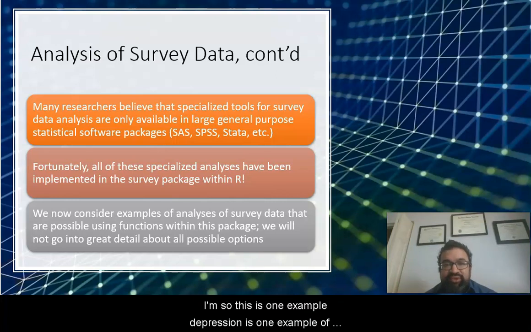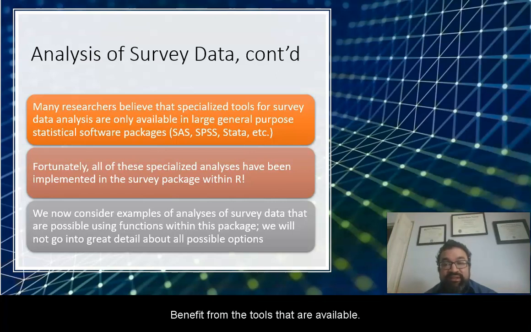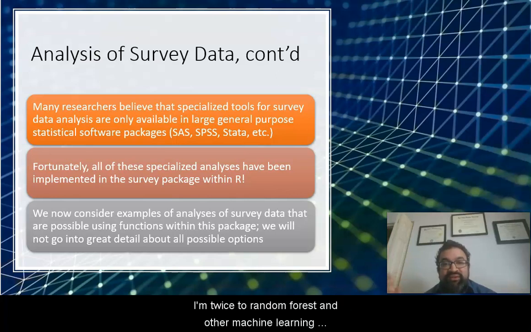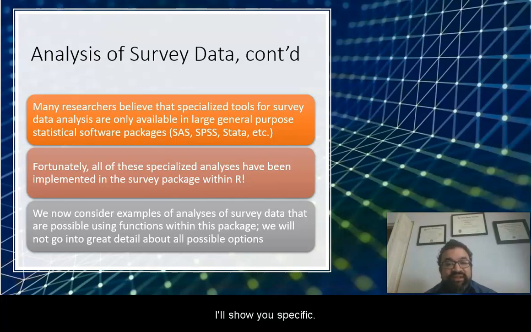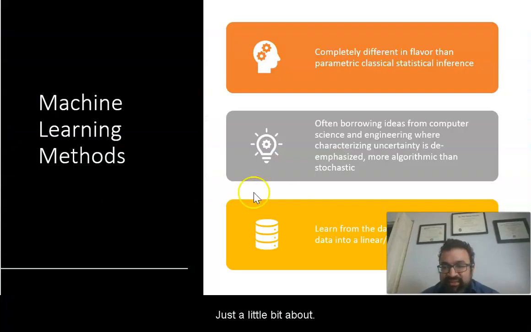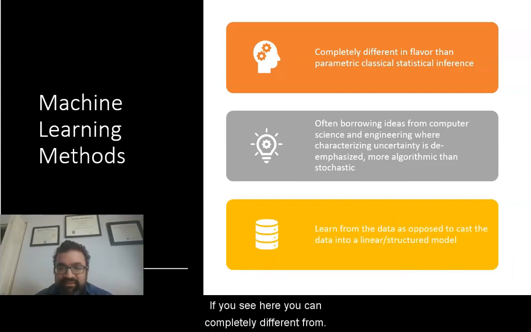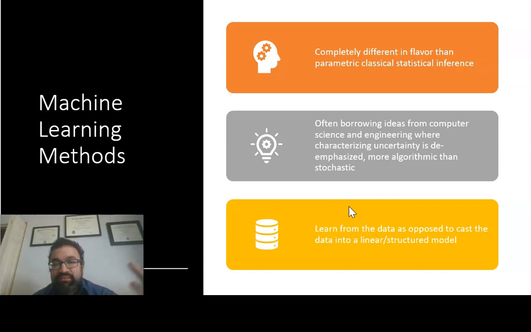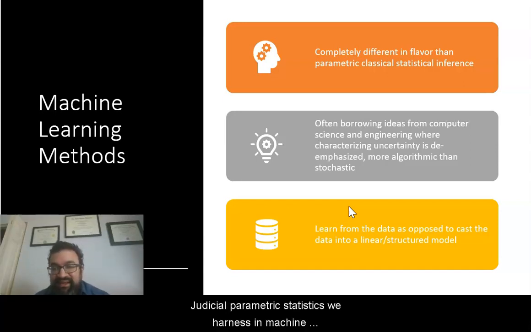So this is one example. Depression is one example of an area that can really benefit from the tools that are available to us through random forest and other machine learning techniques. Especially, I'll show you specific measures that are needed. Just a little bit about this: if you see here, it's completely different from the traditional parametric statistics.